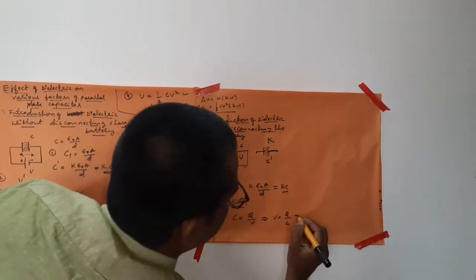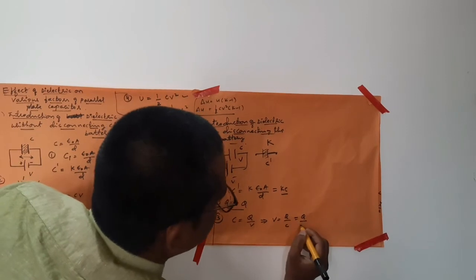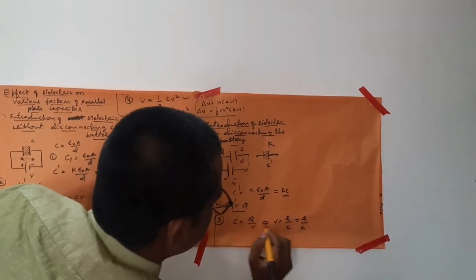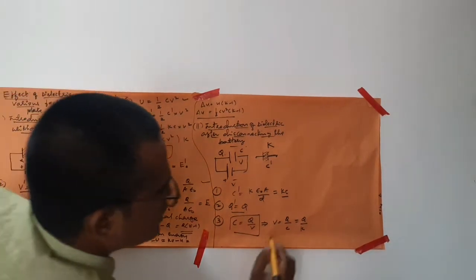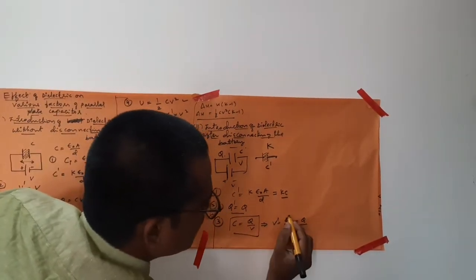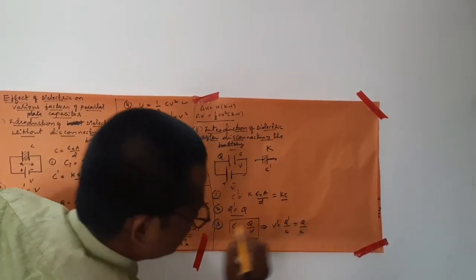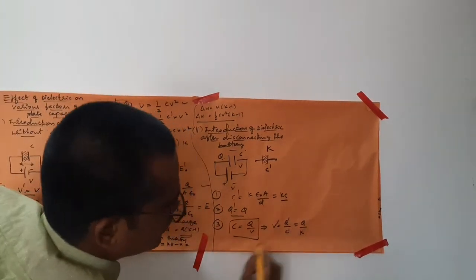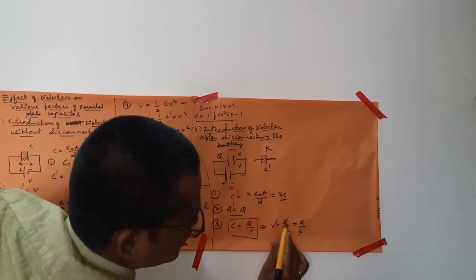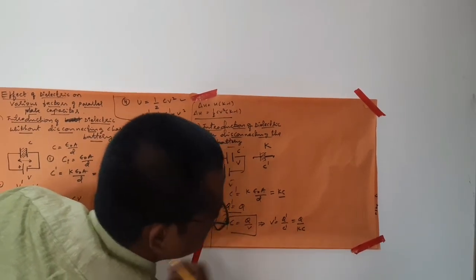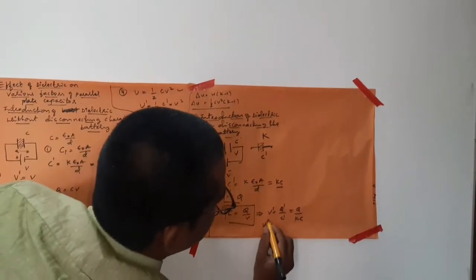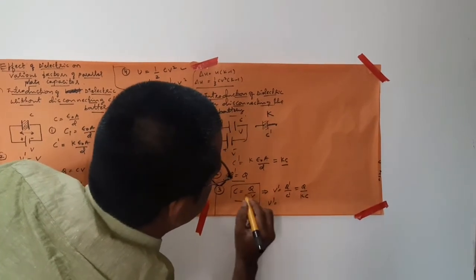What is Q here? Q remains the same. The C value we know becomes K times. This is the formula without dielectric, and this is the formula with dielectric. Anyhow, Q dash remains the same, Q dash equals Q. So C dash will be equal to K times C. So V dash is equal to Q by C dash.